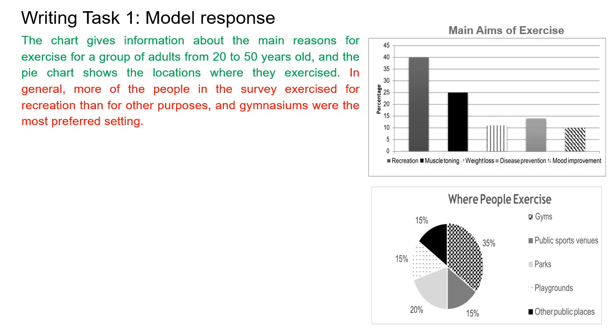This number stands apart from the others, doesn't it? Sure. It represents the most significant feature in the pie chart. It therefore should become the basis for comparison with the others. And so when the clause eventually reads, gymnasiums were the most preferred setting, without mentioning the others, such as 20% for parks and 15% each for playgrounds, public sports, and other public places, it is because it is the most significant figure.